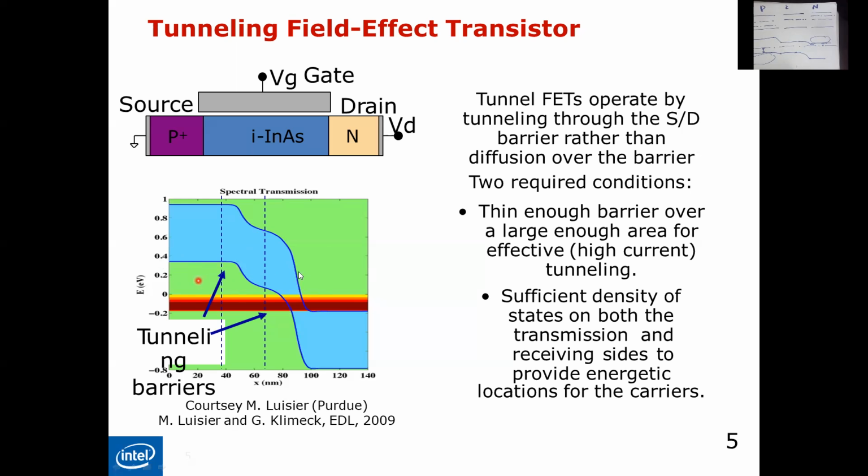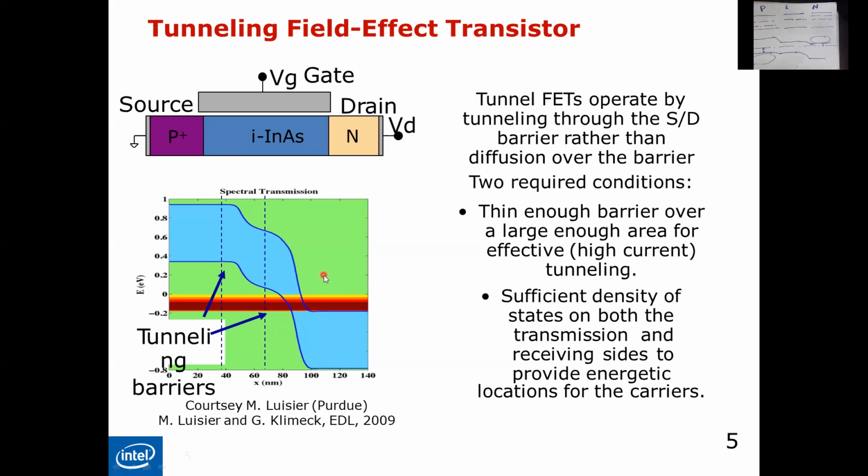So electrons are now tunneling through the energy band gap. This is a forbidden gap, but whenever we have a very great energy, you can tunnel it and pass to the other region. This is simply the concept of the tunneling field effect transistor.